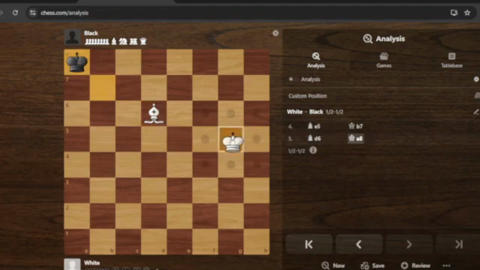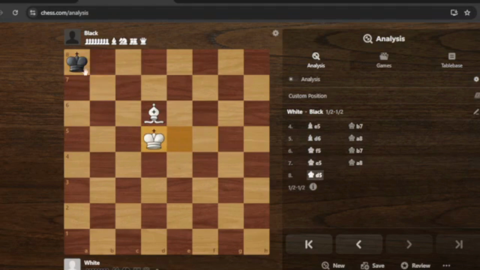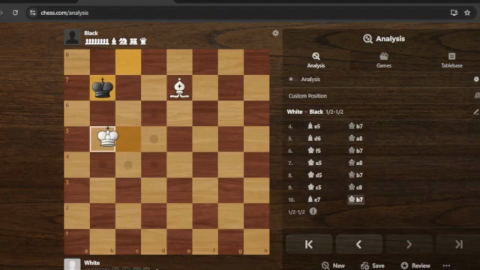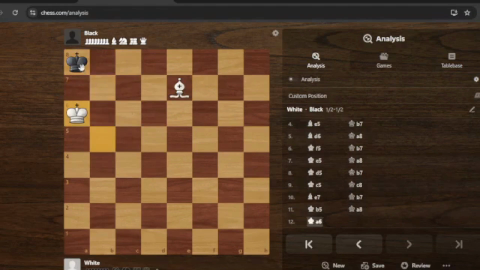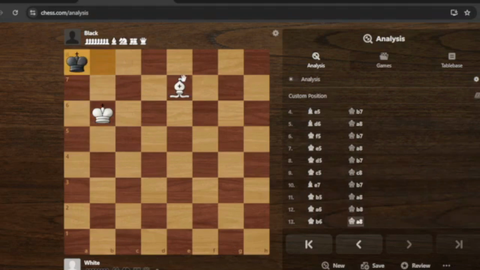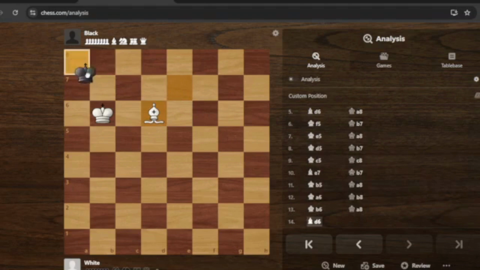If the black king is in a corner, he can just escape. Now you can go here, here, here. He cannot go anywhere. It is a stalemate.